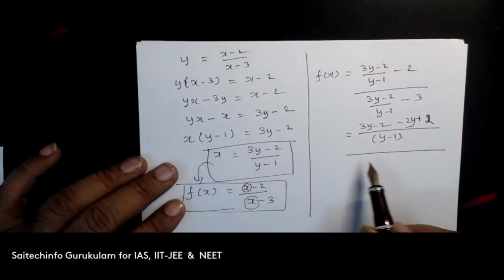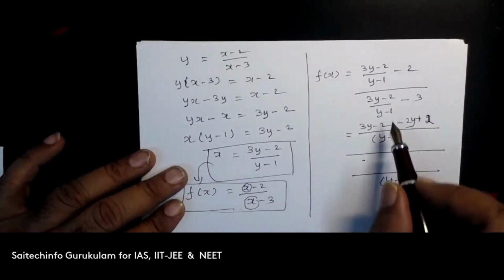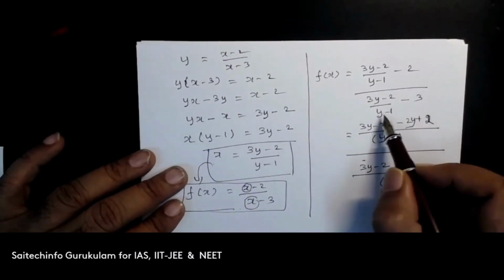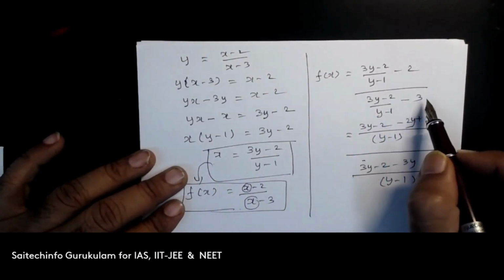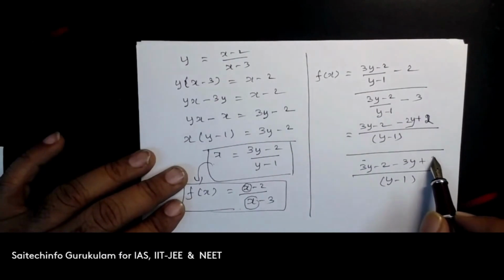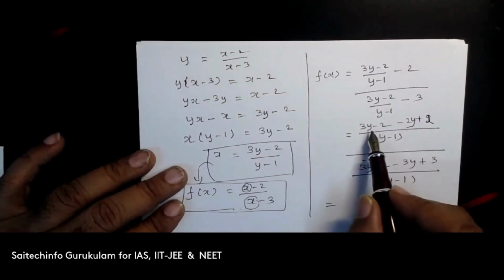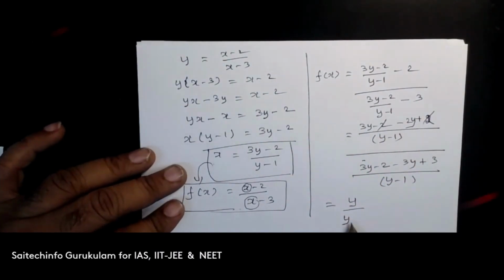Okay, right. And here y minus 1 is the LCM for the denominator. Now 3y minus 2, and multiply this, 3y minus 3y and then minus 1 into minus 3, plus 3. Okay, so this is equal to, now I can reciprocate, before that we can solve, 3y minus 2y, y, 2 cancelled, divided by y minus 1.